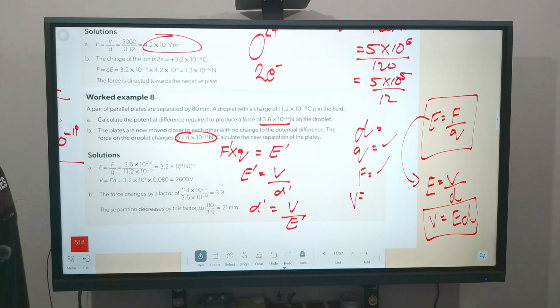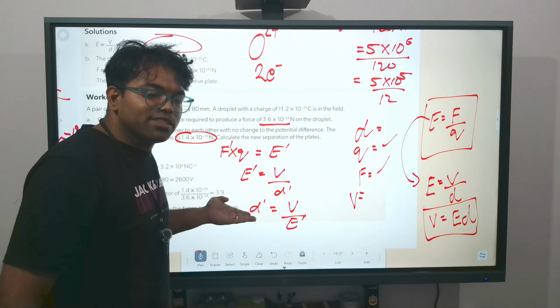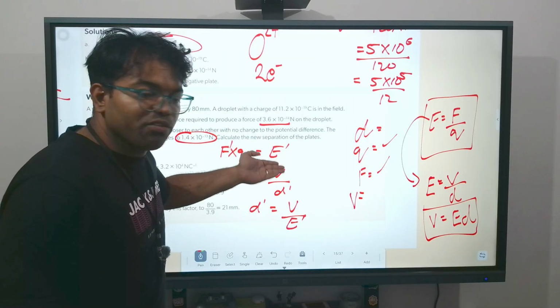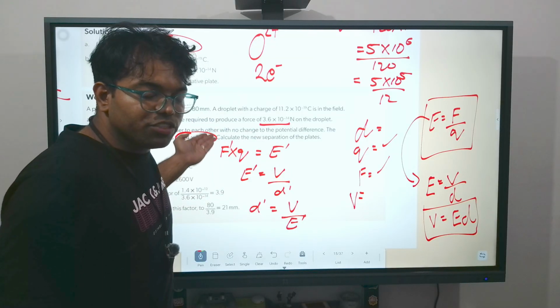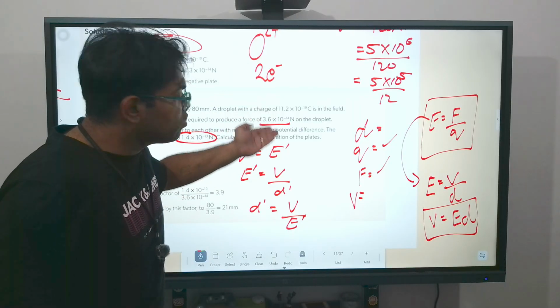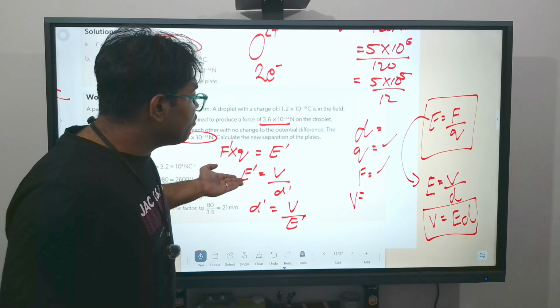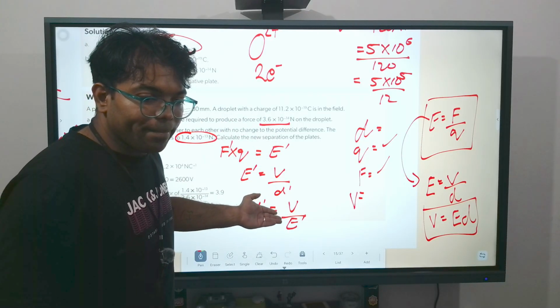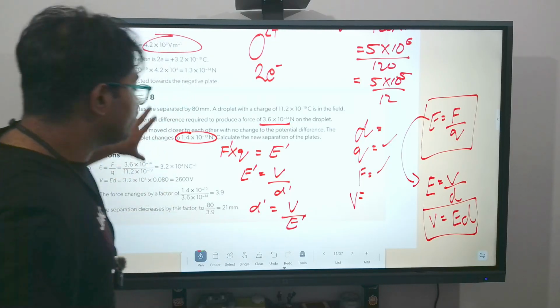Understood? The potential did not change, but since the force changed, the field changed, because the charge remained the same. Because the field changed, the distance also changed. Clear? Do I need to solve it now?